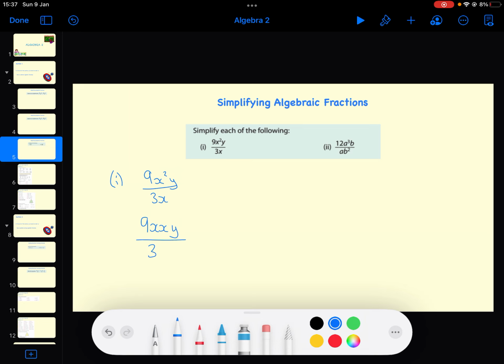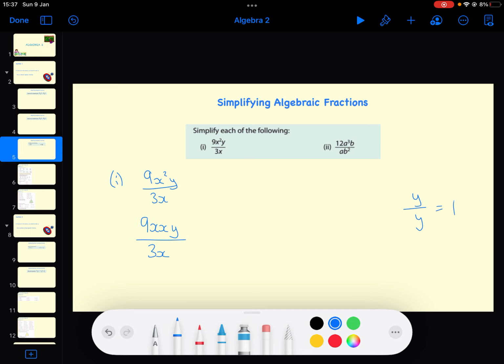There are no powers in the bottom. So now you can see if there's anything on the top of the fraction that's also on the bottom, and you can just cross them out. If I had y over y, that just means y divided by y, which is just 1.